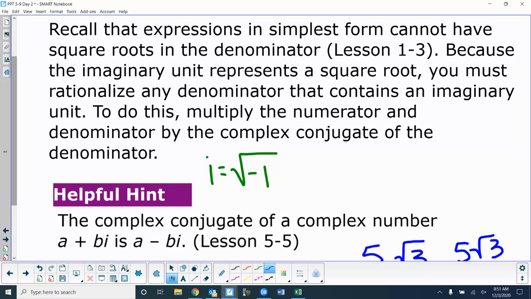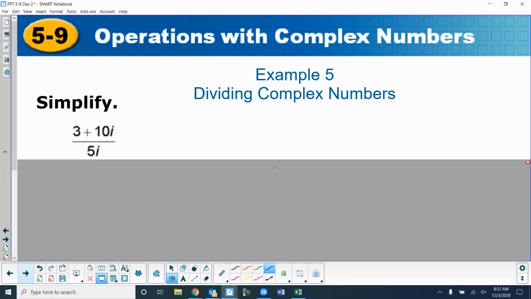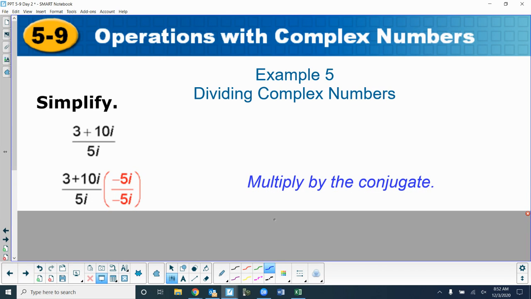To do this, multiply the numerator and denominator by the complex conjugate of the denominator. You're supposed to know what the complex conjugate is, right? If it's a plus bi, its conjugate is a minus bi. Make sure it's in the right order, all that stuff. So, what's the complex conjugate of 5i? -5i. So that's what you're going to multiply top and bottom by.